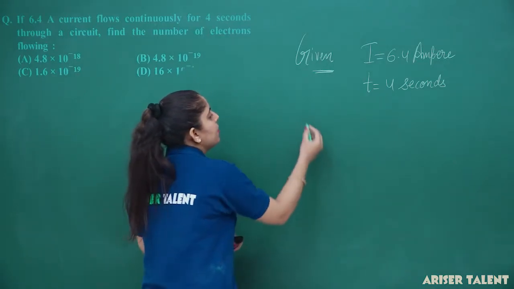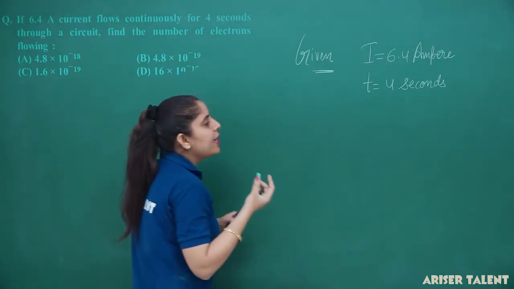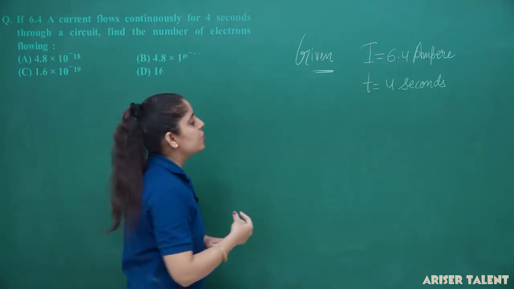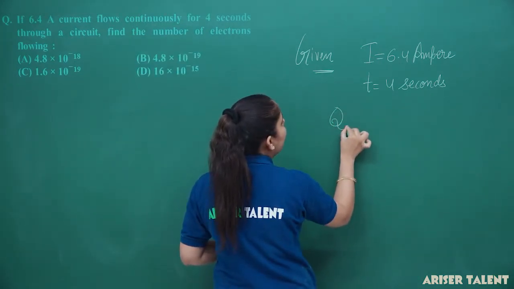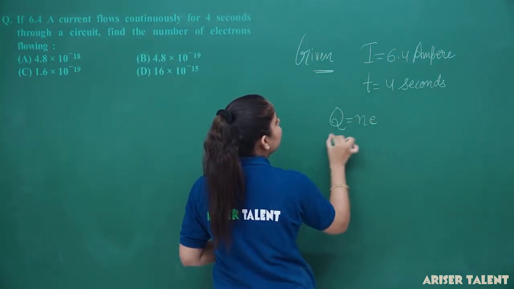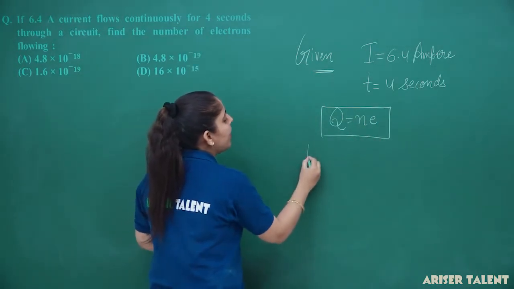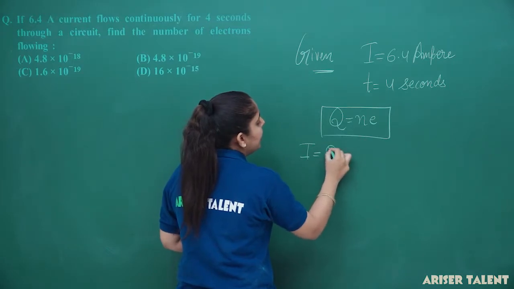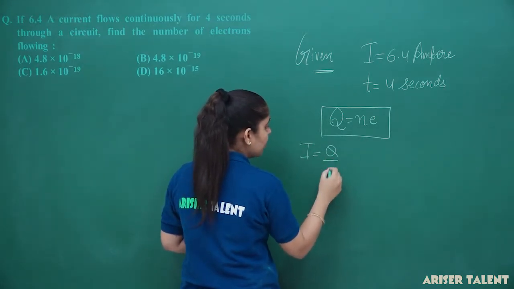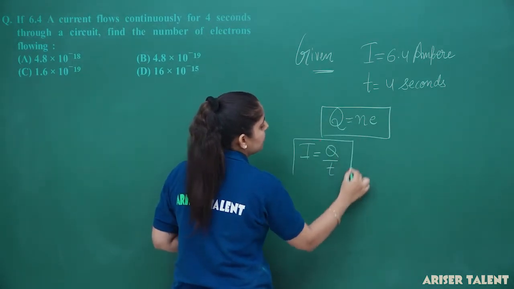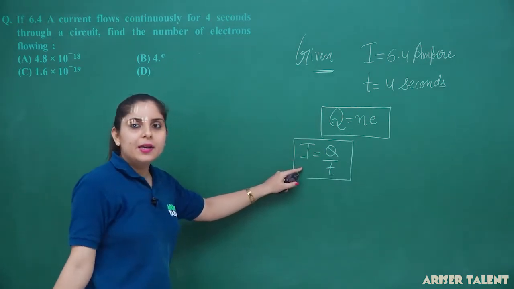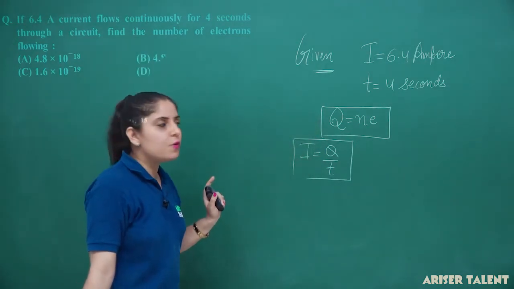Now, if I am talking about the quantization of charge, what will be the quantization of charge? Quantization of a charge can be represented by Q equal to Ne. Or the formula of I is equal to charge flowing per unit time. This is the formula for current and this is the formula for quantization of a charge.